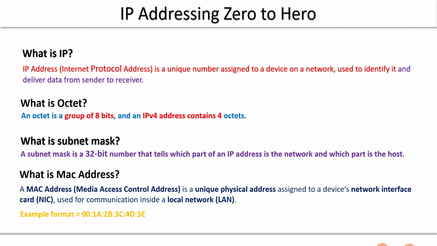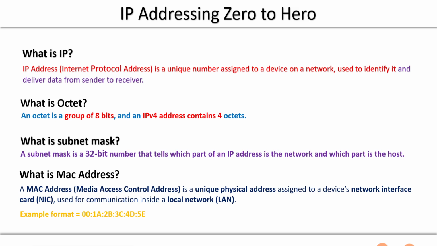Every device has an IP address. Without an IP address, the device cannot communicate. That's why the device gets an IP address through the network, in order to communicate over the network.